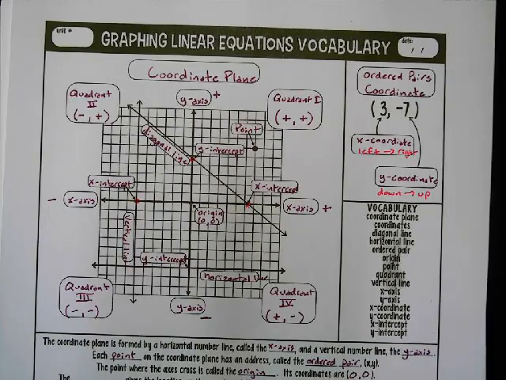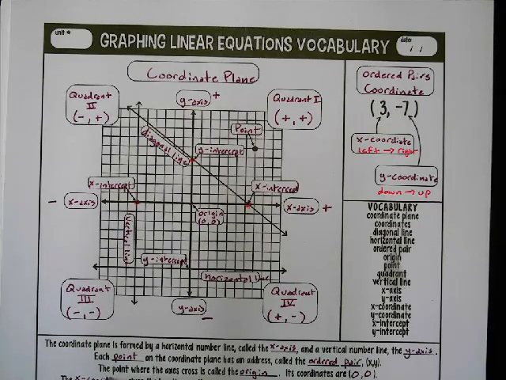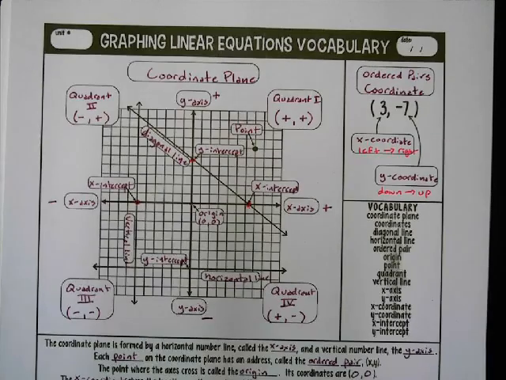Wait, did I skip one? I skipped one. The first blank gives the location on the x-axis, that's the x-coordinate. And the other blank gives the location on the y-axis, the y-coordinate.